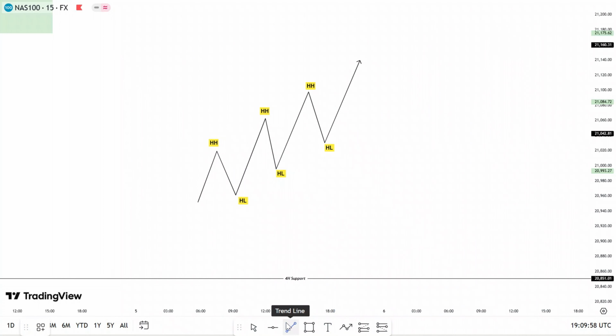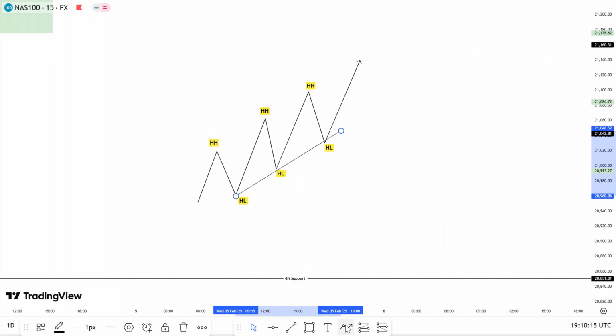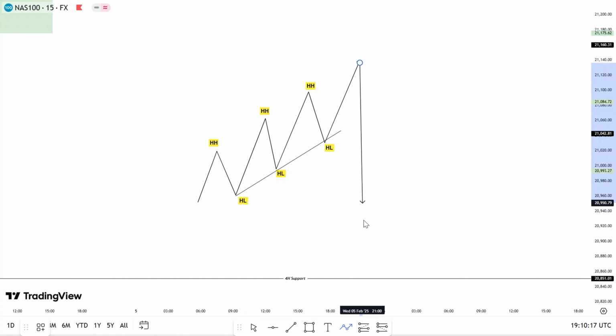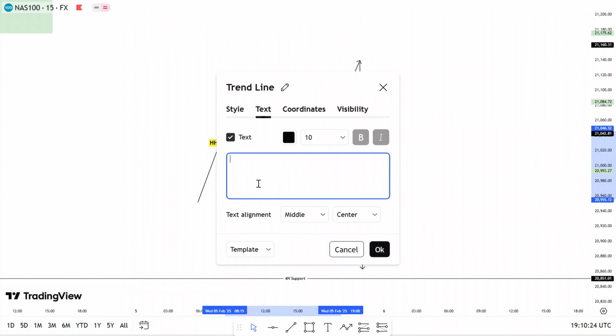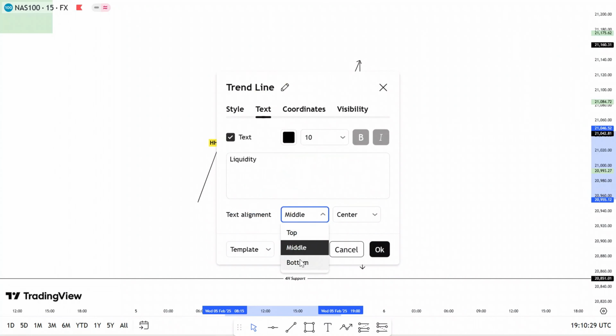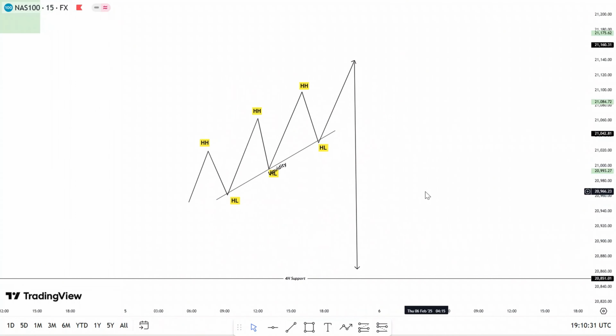Now the liquidity is resting below it, because we have to sell it down to clear out the liquidity, right? So the liquidity is resting here. We have the liquidity here.